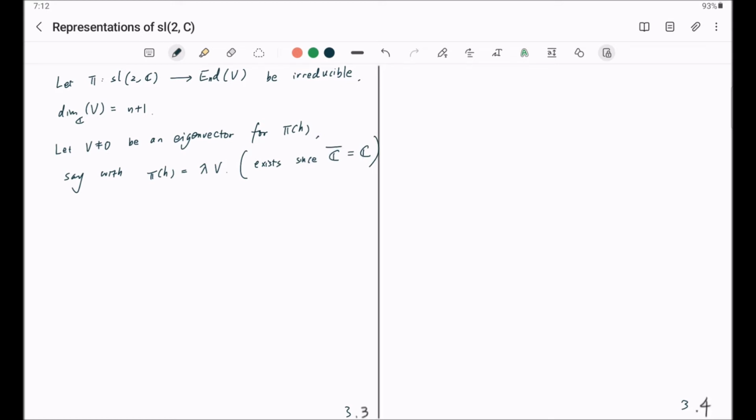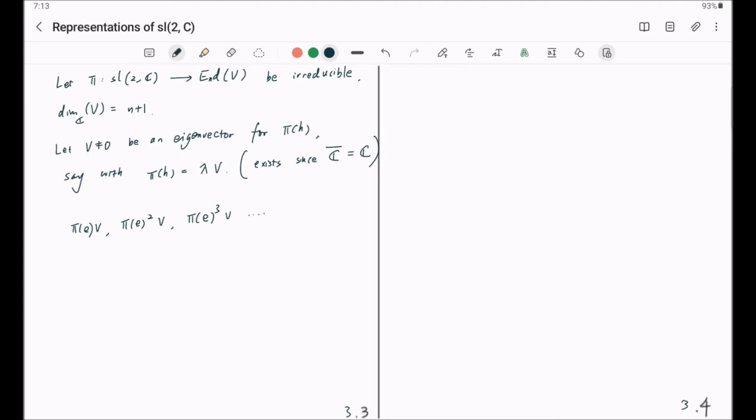The next steps are going to be very tricky. What we are going to do is look at the following sequence of vectors. We take this V and we apply pi of e to it. And we apply pi of e again to V. We keep applying pi of e iteratively to V and get this sequence.